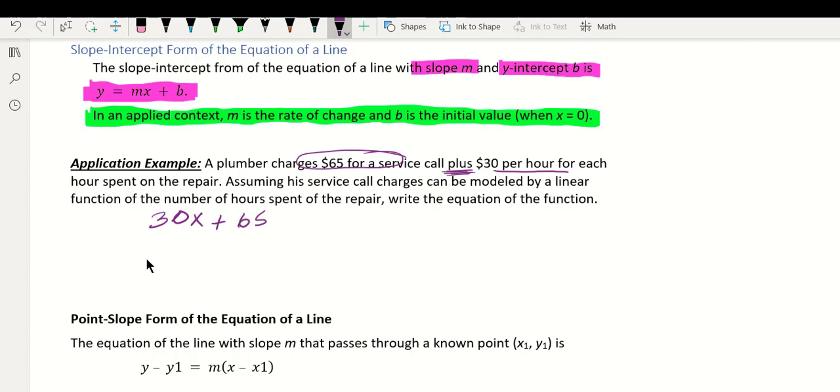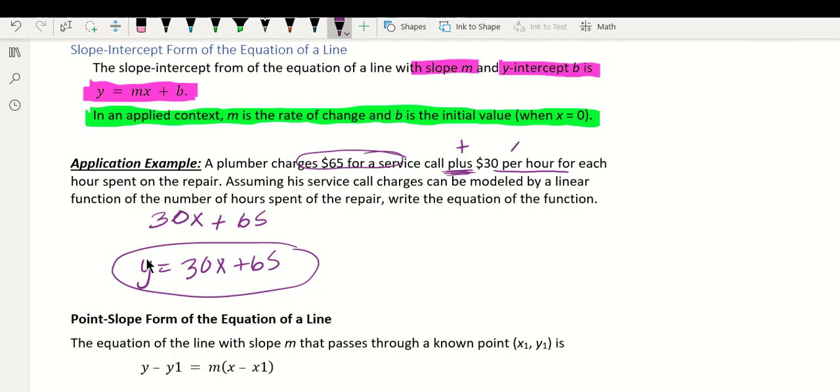So that's our equation right there: y equals 30x plus 65. Okay? Keywords again: plus meaning plus, per meaning multiplication, right? And our service charge was the 65.